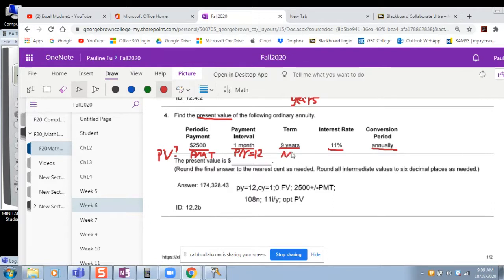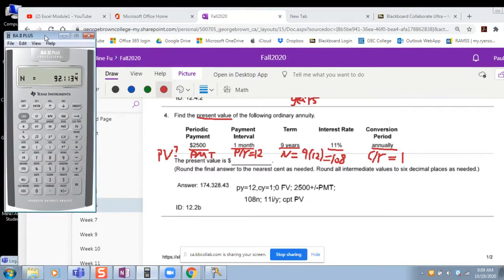Term, 9 years. So 9 times 12 is the term, 108. Interest is easy, 11%. Conversion period annually. Interest is compounded annually, so CY equals 1. And the question asks you for PV.